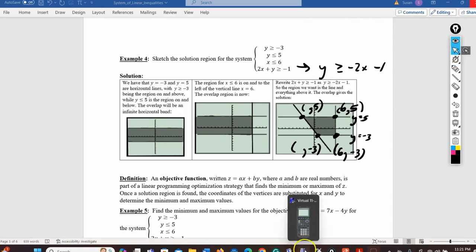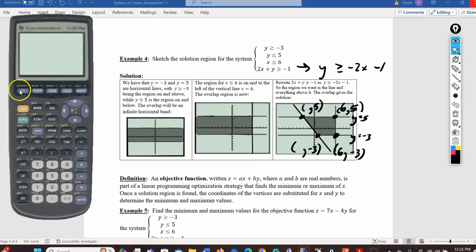So let's get the graphing calculator back there and clear it all. And if I want to get these points here, let's get y equals 5, y equals -3, and then y equals -2x minus 1. And let's do a zoom 6.